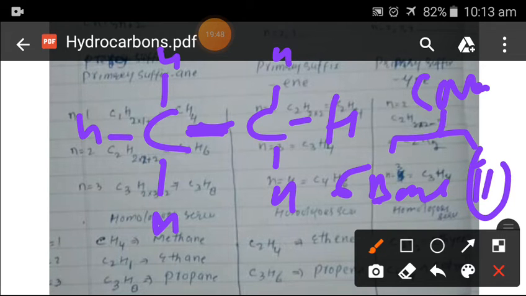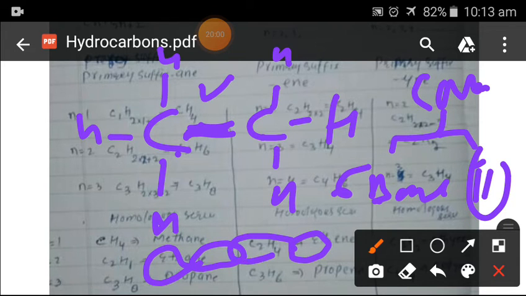So here the carbon combines with this carbon to form a bond that is called a sigma bond. When we see the orbital overlapping of the carbon atoms, there is head-to-head overlapping. Clear? So as a result, there is the formation of a sigma bond.